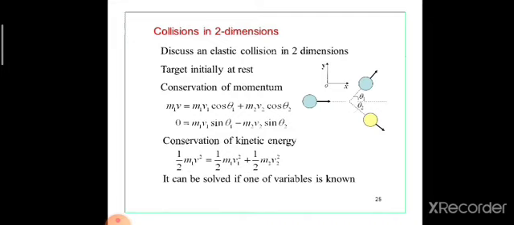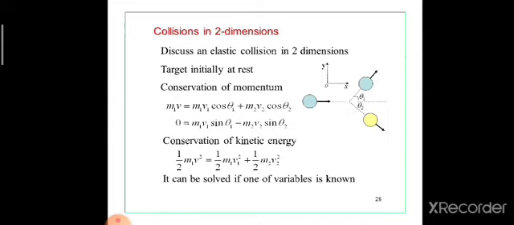Taking the y direction, there was no displacement along the y direction initially. So 0 is equivalent to m1 v1 sin theta 1 minus m2 v2 sin theta 2. The minus sign is taken in the second term because m1 v1 sin theta 1 is opposite to m2 v2 sin theta 2.